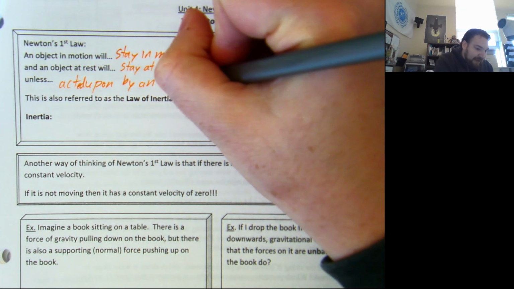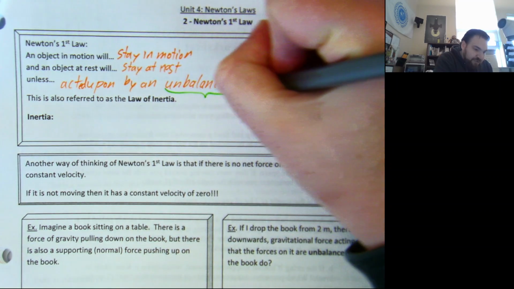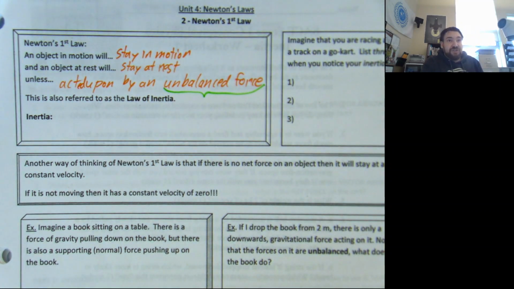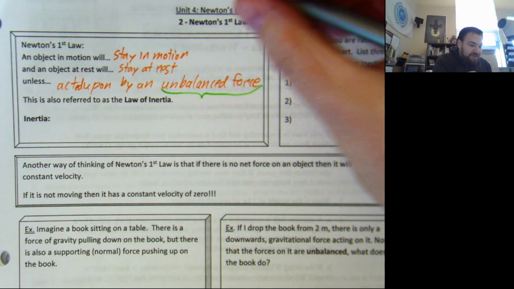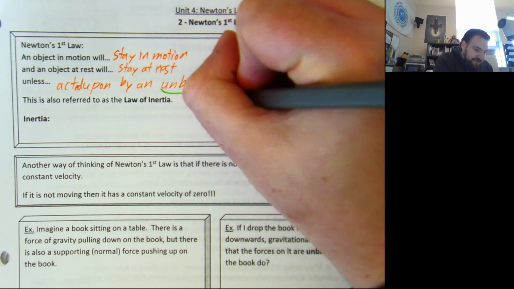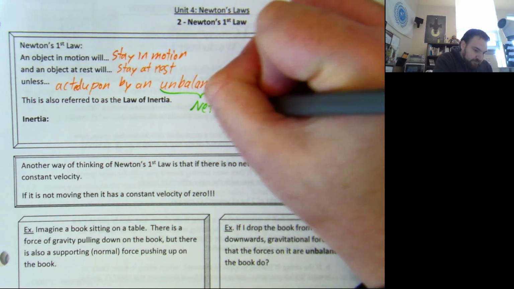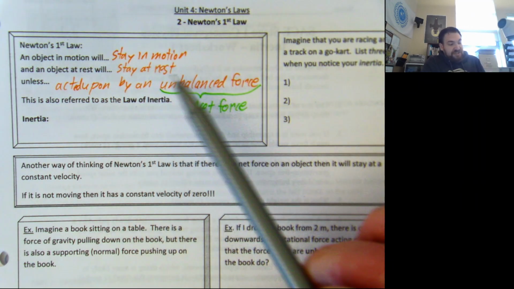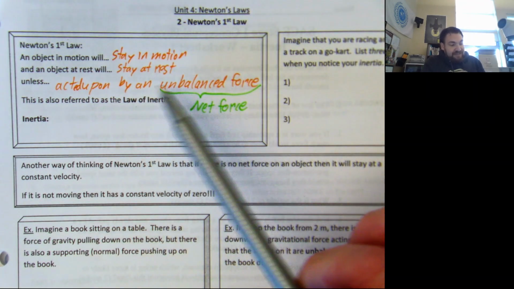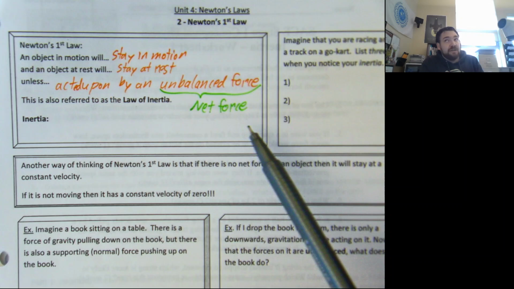This word unbalanced, we've already used language around these unbalanced forces. An unbalanced force we also call a net force. So an object in motion will stay in motion, an object at rest will stay at rest unless acted upon by a net force.